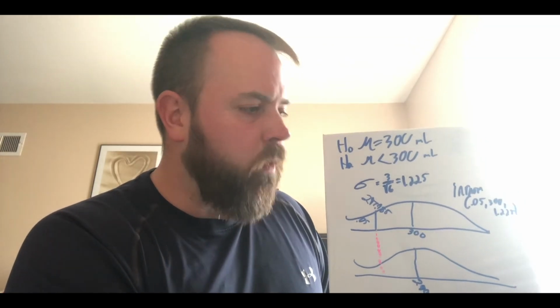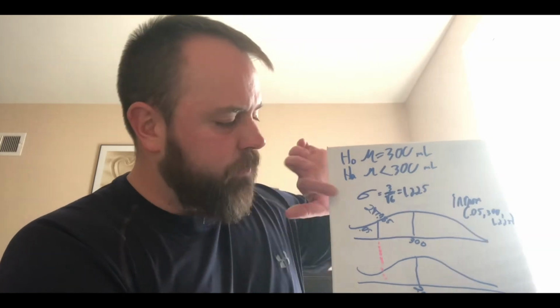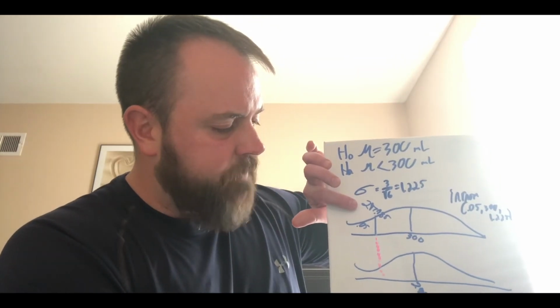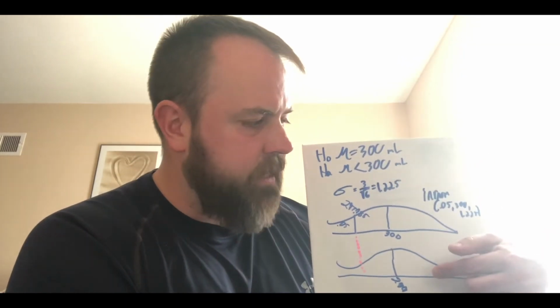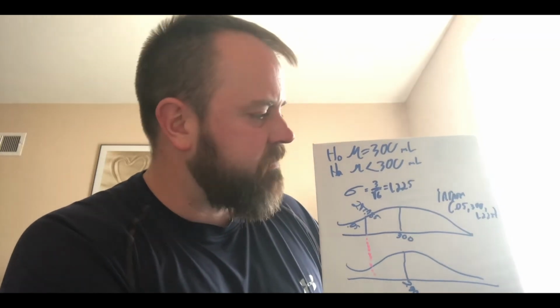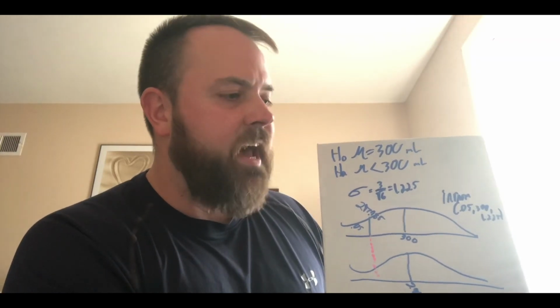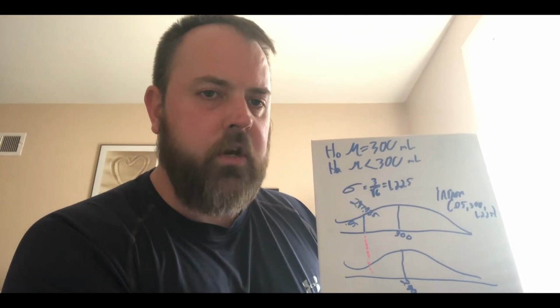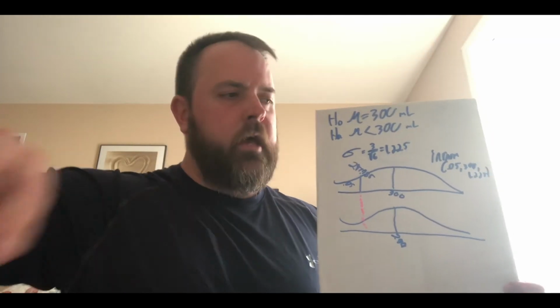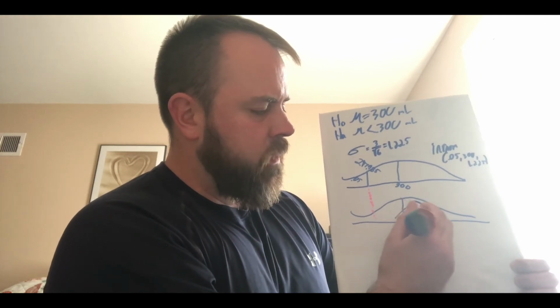And what we're going to do is use the value that we would use for the reject, the 297.985. Our average is 299. Standard deviation is staying the same at 1.225. And I'm going to just use my normal curve function, normal curve CDF. And I'm going to find what our beta is, which is from that pink line over.